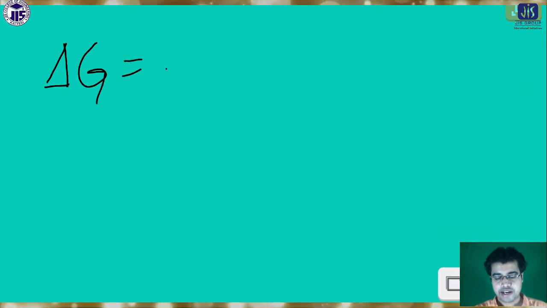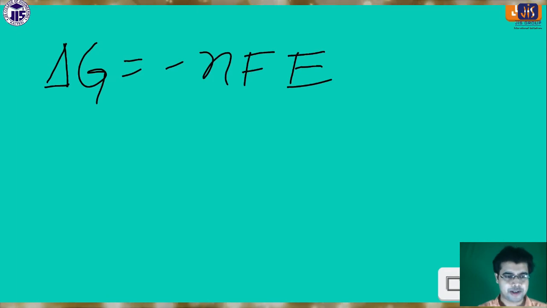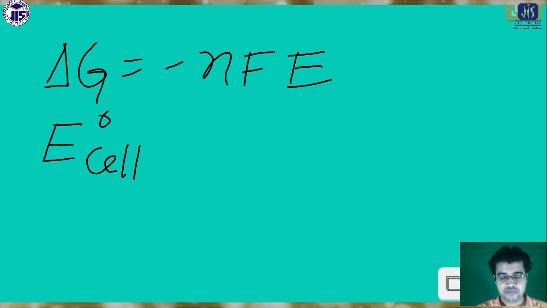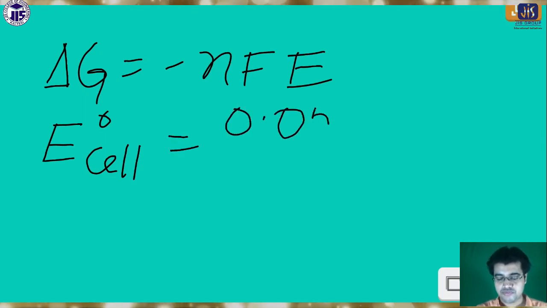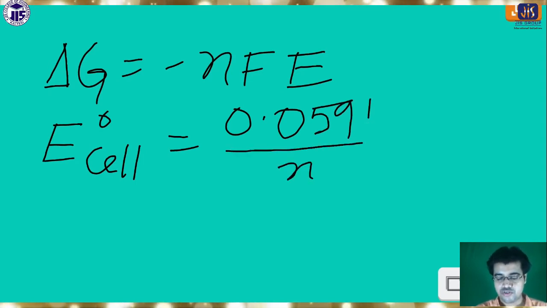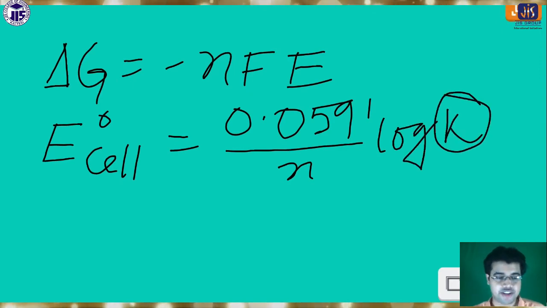I'll show you one numerical problem also. First of all, you have to keep in mind that delta G equals minus nFE, or delta G0 equals minus nFE0. You have to keep in mind E0 cell, that means the standard EMF of the cell, equals 0.0591 by n log K, where K is the equilibrium constant.